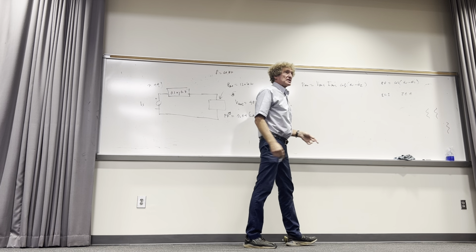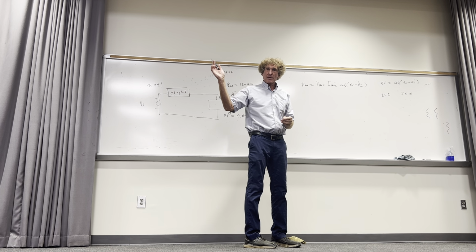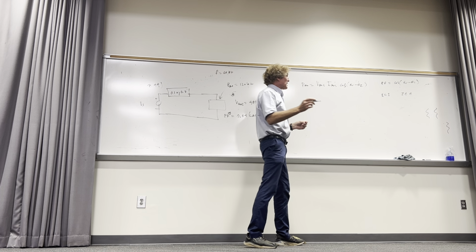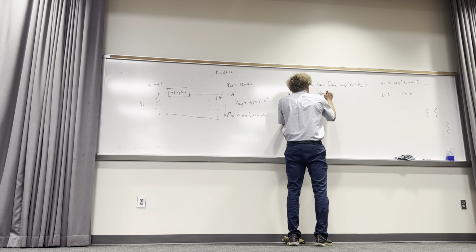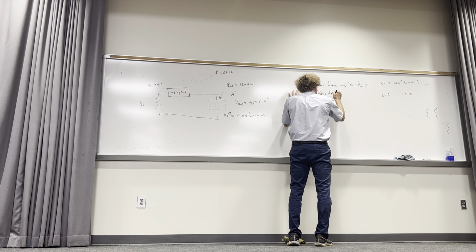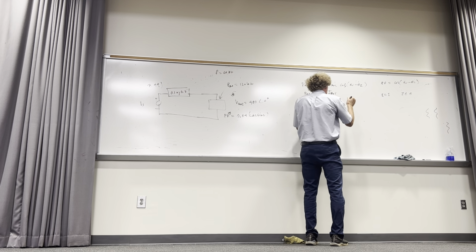Now that is the definition of power factor, cosine of theta v minus theta i. Does everybody follow me? So here, I can say P_av is equal to V_RMS times I_RMS, those are just magnitudes, no angles or anything, times the power factor.